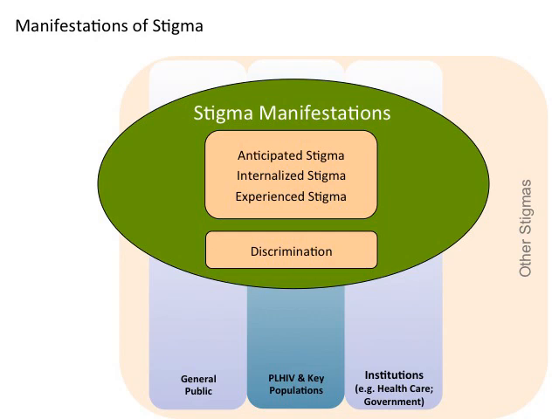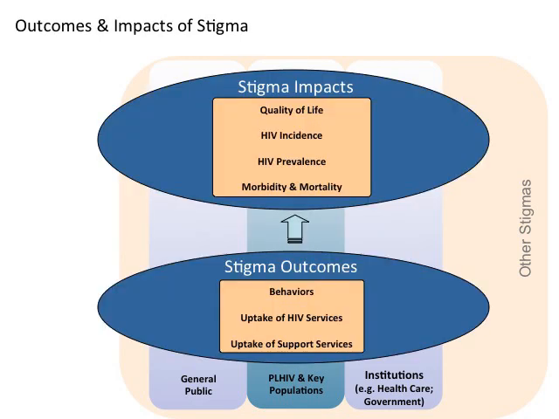And like I said before, this framework is really based on the assumption that all individuals can either anticipate, internalize, experience, and or perpetuate stigma and discrimination, and therefore we decided not to distinguish between specific outcomes on the basis of HIV status. Okay, so these manifestations of stigma can lead to a number of negative outcomes for both infected and uninfected persons that really undermine HIV prevention, care, and treatment efforts and ultimately influence the course of the epidemic.